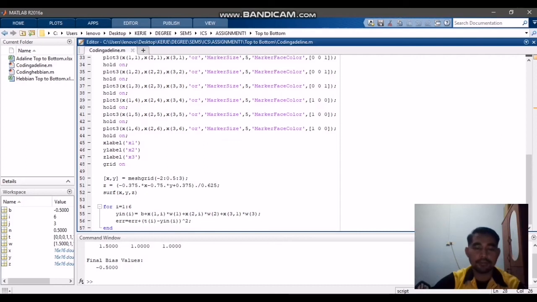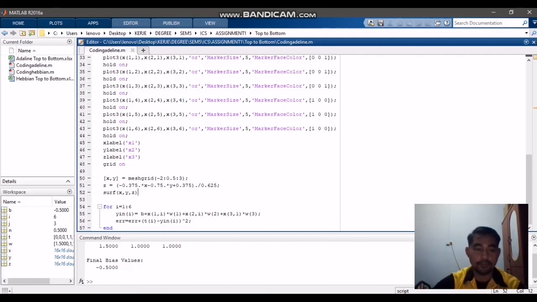And in the Adaline part, we are using a different linear equation, which is the common part where we get the difference of equation with the Hebbian part, because we are using the Adaline.